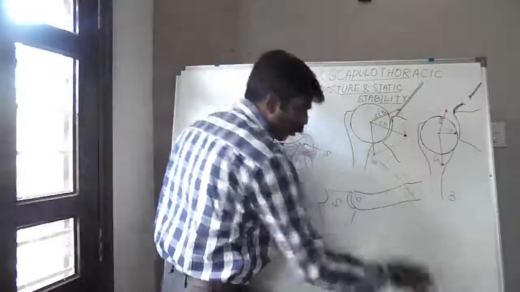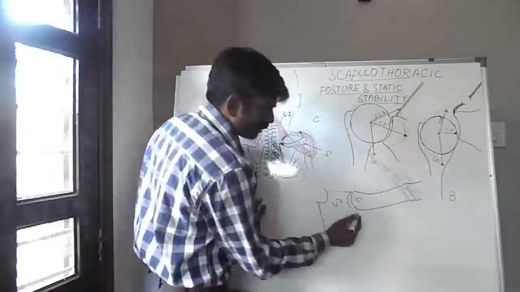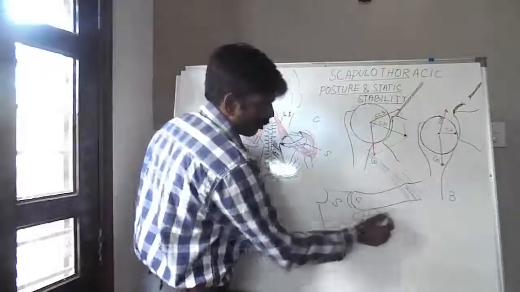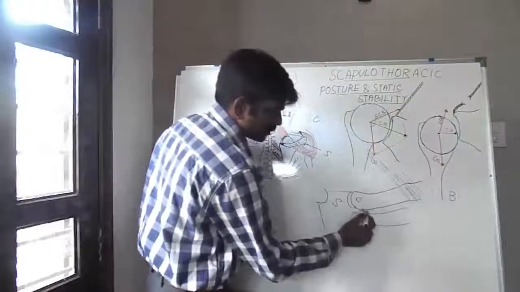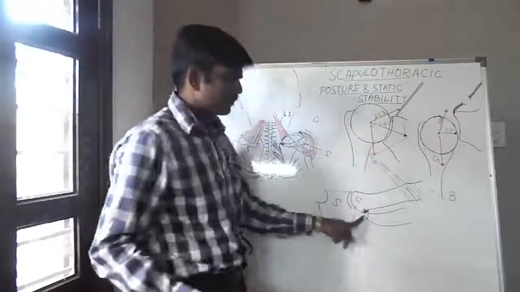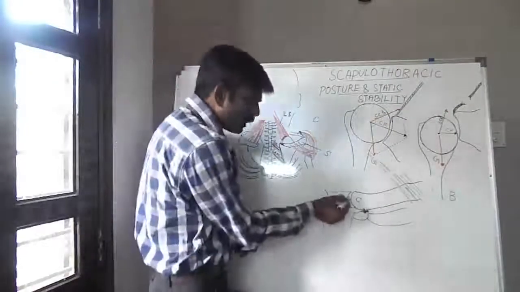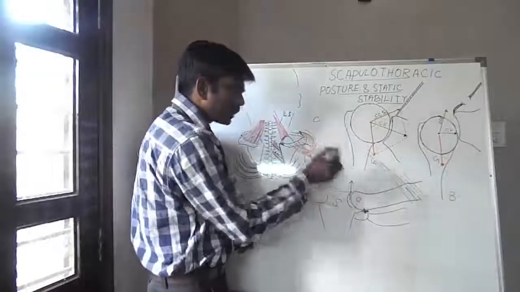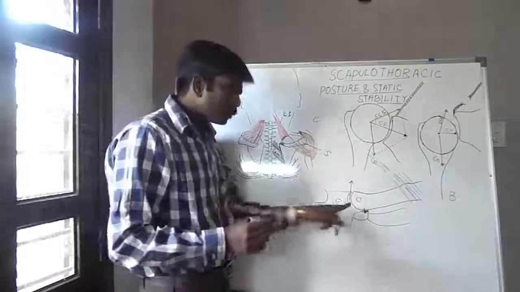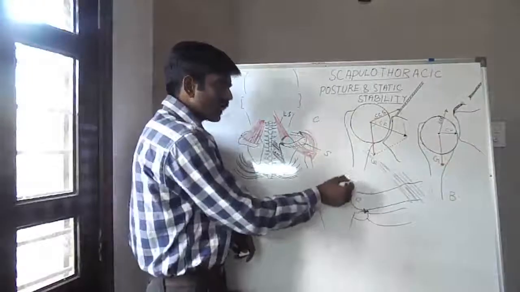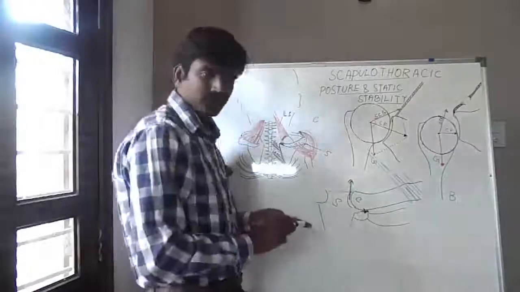When this is dropped, then what will happen? With the first rib as the leverage, it will dislocate the joint. Superior dislocation of the sternoclavicular joint will occur.